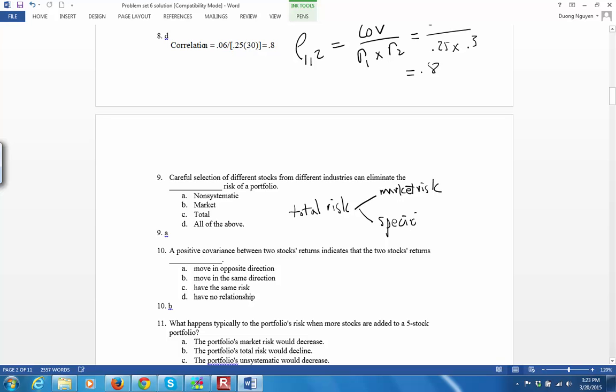Because market risk affects the entire market, it is systematic. The other doesn't affect the entire market, only individual firms, so it is unsystematic risk.